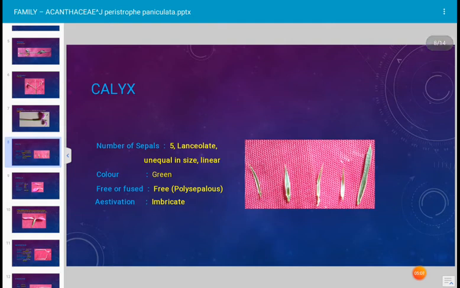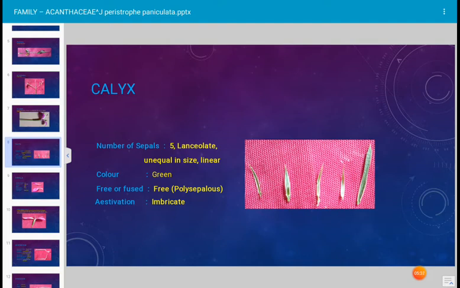Next, this is the calyx of Peristrophe paniculata, family Acanthaceae. Calyx consists of sepals. The number of sepals present in the calyx of the flower of Peristrophe paniculata is 5. See the photograph of calyx lobes.